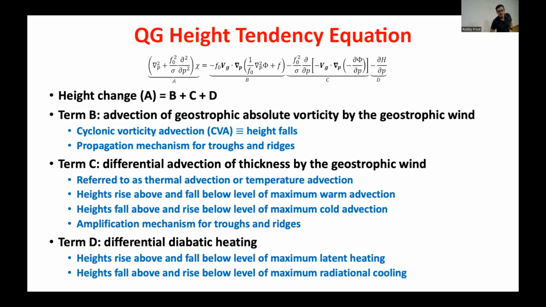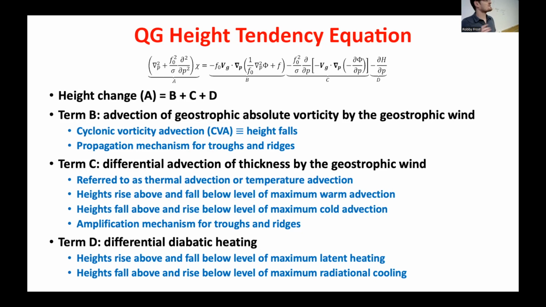And then the fourth term, we're going to totally ignore. We don't have to worry about it right now. It's called differential diabatic heating. You can think about this as processes that are not adiabatic, so not conserving temperature. This is things like latent heat release, if you're dealing with hurricanes or large thunderstorm complexes, which can also change the height of the atmosphere.